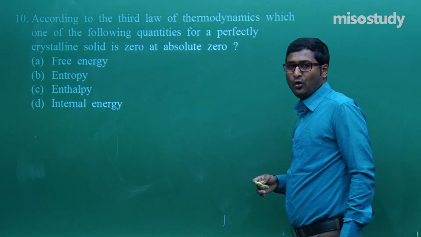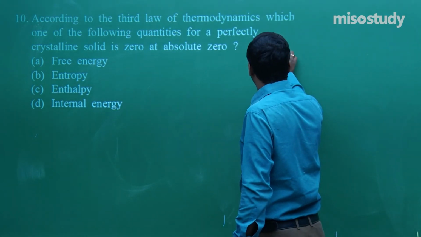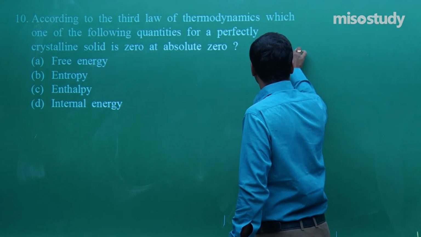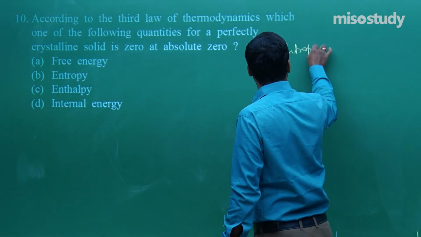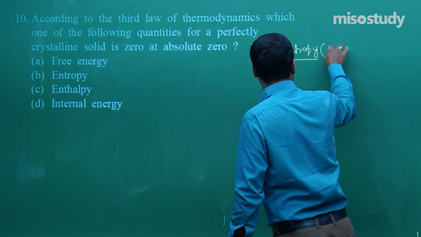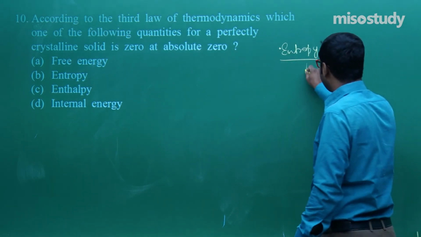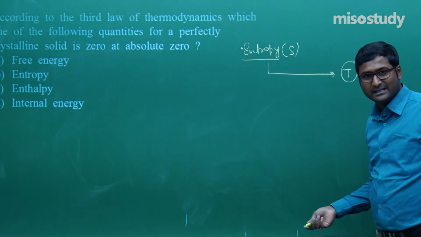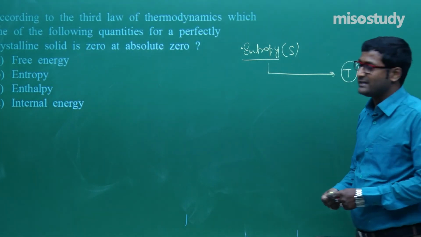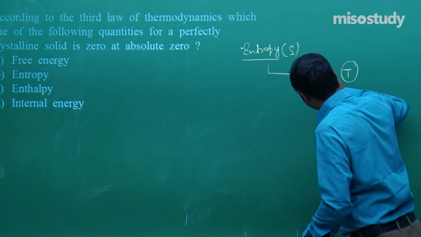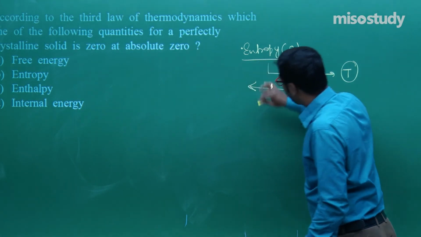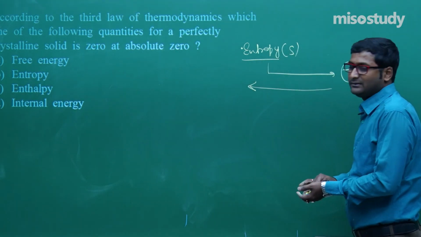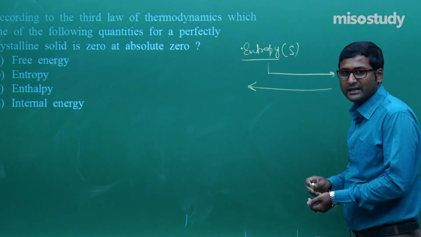As we all know, entropy is the measure of randomness. Clear? If the temperature increases, we know that randomness increases, so entropy increases. But if the temperature decreases, then randomness decreases and the entropy also decreases.